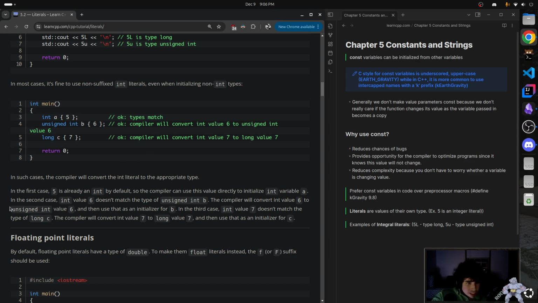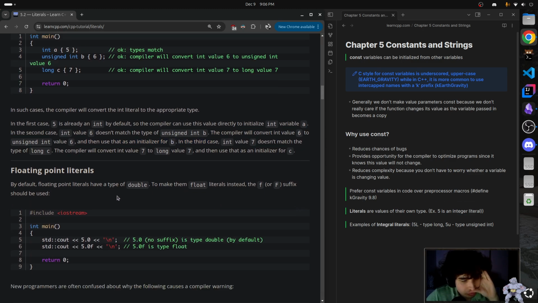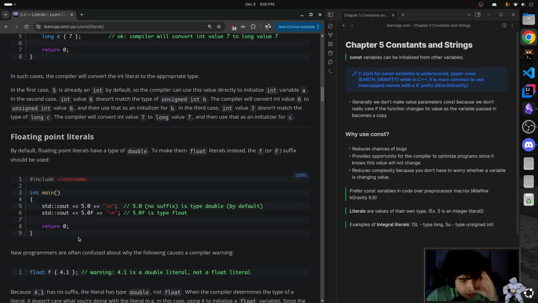What? In such cases, the compiler will convert the int. Hold on, I gotta set up for this. In the first case, 5 is already an int by default, so the compiler can use this value directly. Okay. Sure. Oh, and that's what that means? Okay.